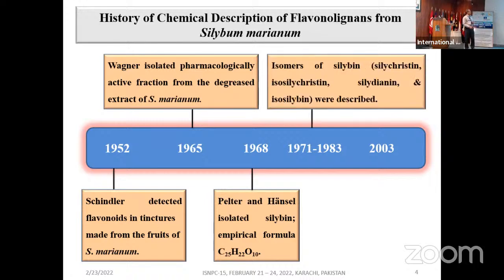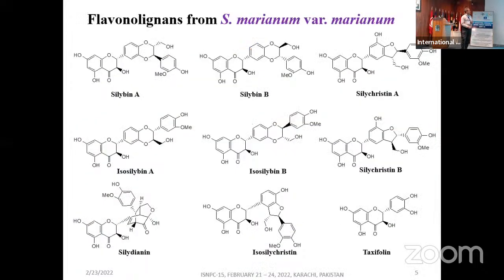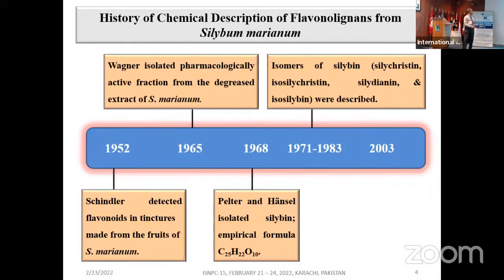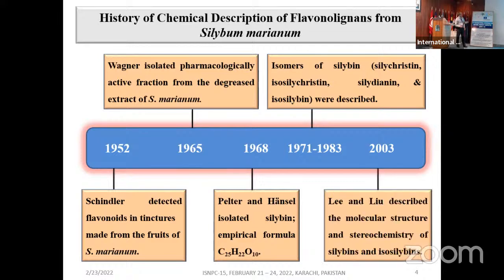In the 70s and 80s, the isomers of silybin, like isosilychristin, silychristin, silydianin, and isosilybins were described. And later, in 2003, Lee and Liu from North Carolina University in the United States described the molecular structure and stereochemistry of these compounds.